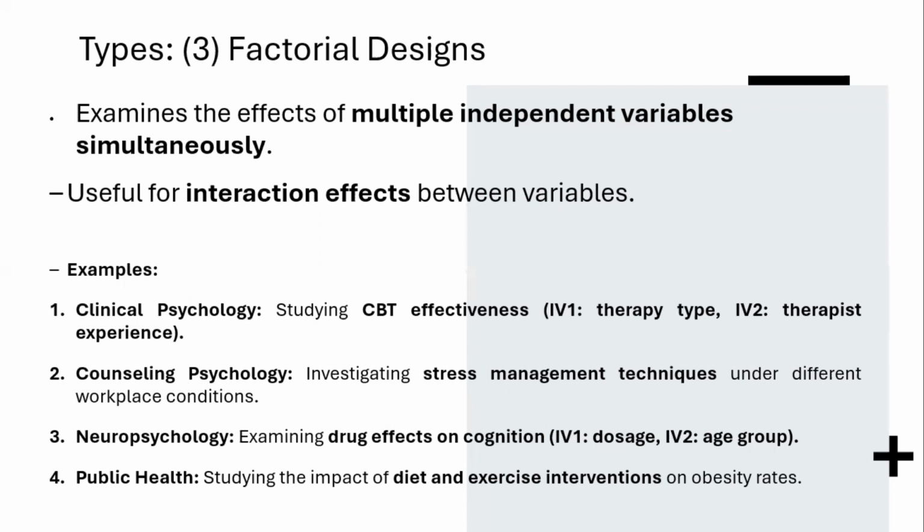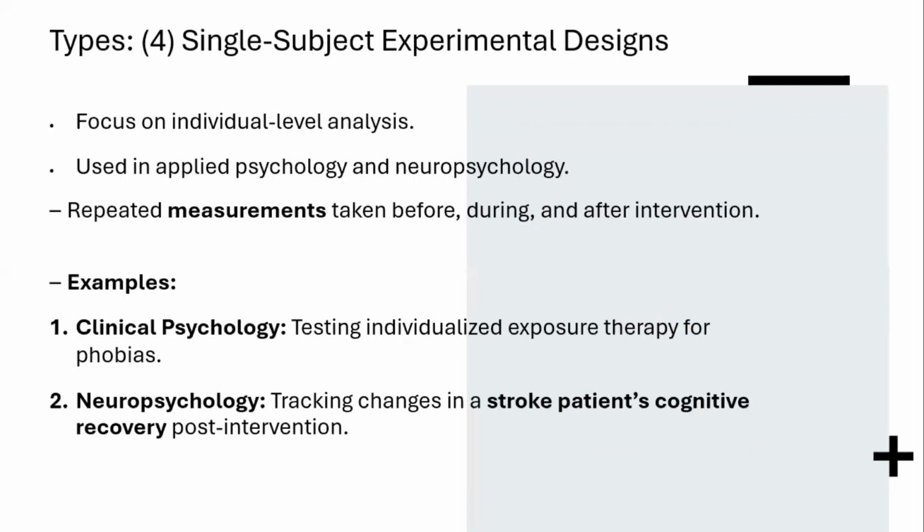All right. Any question on factorial designs? Okay. Then we go to single subject experimental design. As a matter of fact, you can do an experiment with one participant. We call it single subject experimental design.